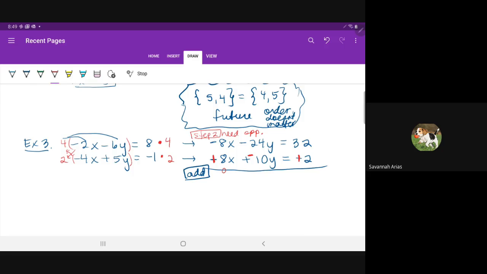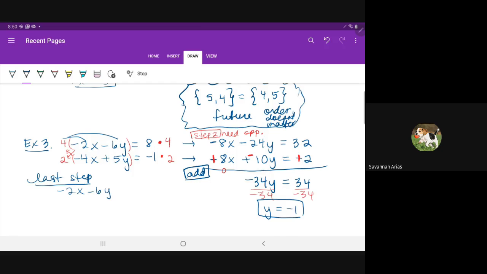Okay. So then I add all my rows. Negative 34y equals 34. And then from here, it'll be pretty smooth for you. And then fit the last step wherever you can, but often my last step fits over here to the left side. Pick an equation. And it doesn't matter which one you pick. You could pick the bottom one if you want.